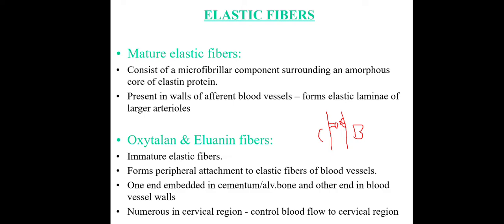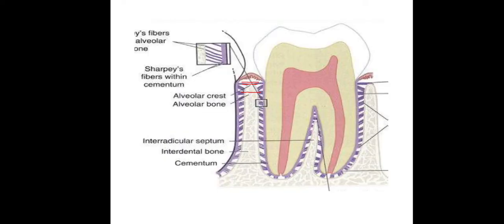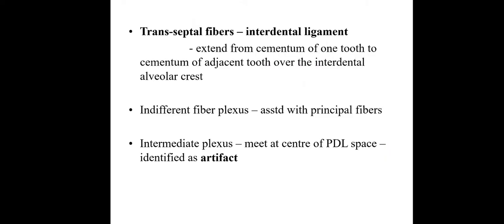So these are the collagen fibers, the principal group of fibers: Sharpey's fibers, transalveolar fibers, and the various groups of accessory fibers, which form the collagen fibers within the periodontal ligament.